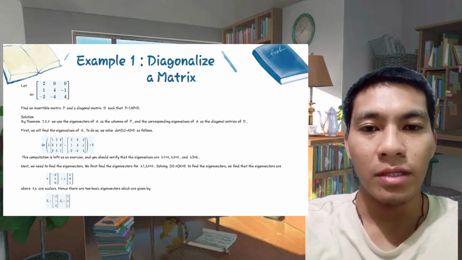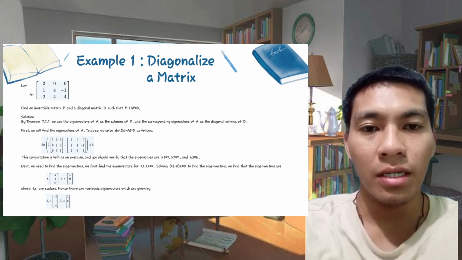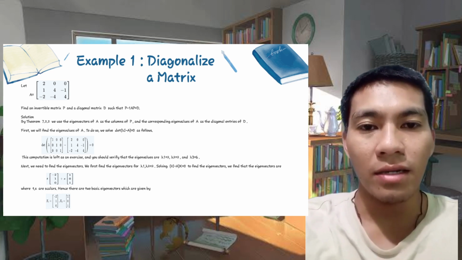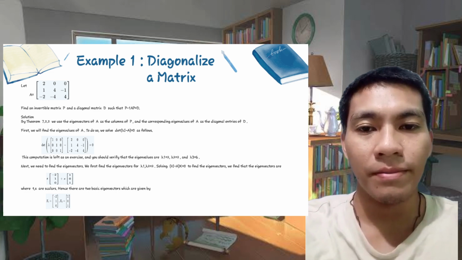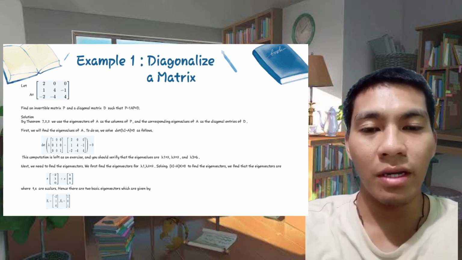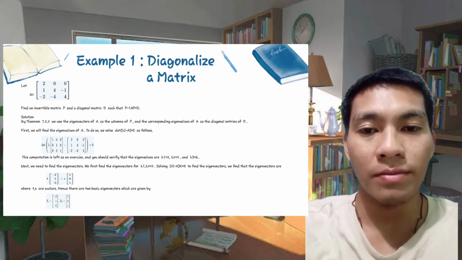By theorem 7.2.2, we use the eigenvectors of A as the columns of P and the corresponding eigenvalues of A as the diagonal entries of D. First, we will find the eigenvalues of A. To do so, we solve det(λI minus A) equals 0 as follows.